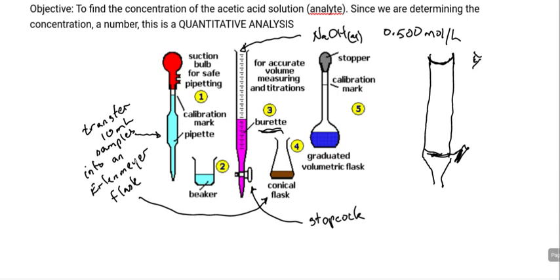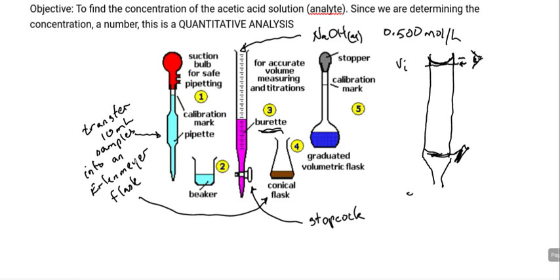That's supposed to be an eye, so I can see some of you probably laughing at this. But you want to make sure that at eye level you can actually see the meniscus. Remember, the meniscus is the bottom here, so you're going to have to drop your eye level a little bit so you can see the meniscus. That's what you want to see, and that'll tell you your initial volume. We're going to call that VI.